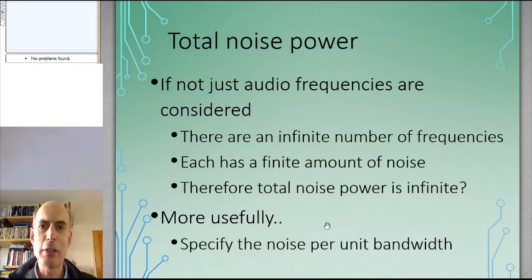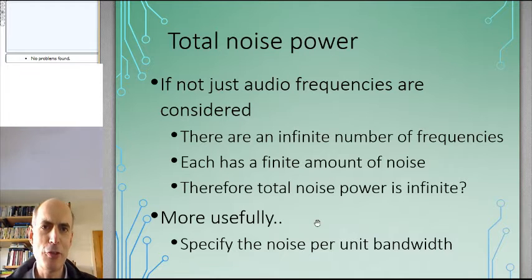And in any application, we're only going to be interested in the noise within a certain range of frequencies. So it's more useful to specify the noise in a unit bandwidth, rather than the total amount of noise across all frequencies. If we know the noise in a unit bandwidth, we can work out what the noise would be in any particular bandwidth of interest.